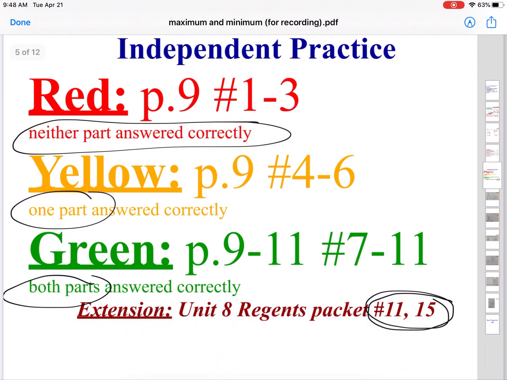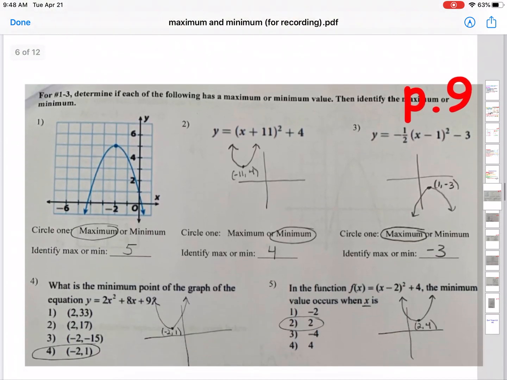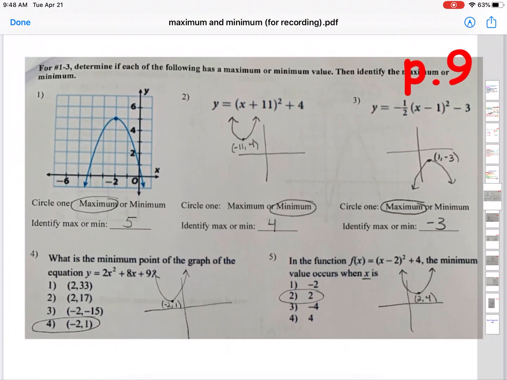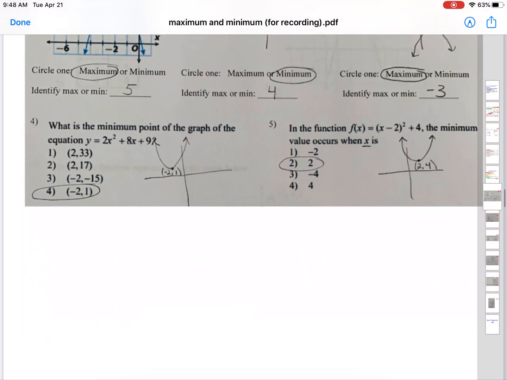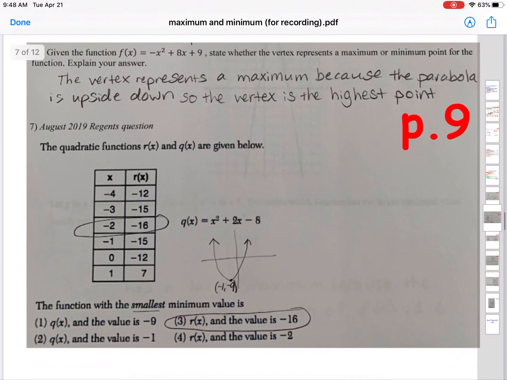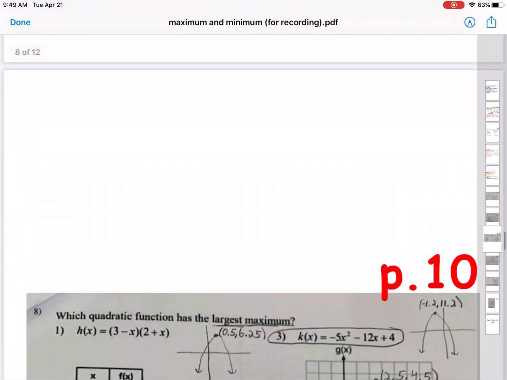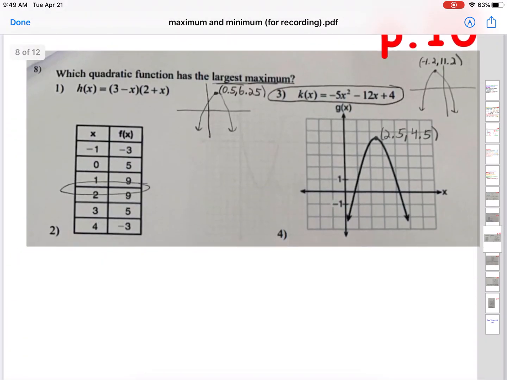Okay, at this point, you should only be listening if you've already tried these and you're ready to check your work. Here are numbers 1 through 5 on page 9. Feel free to pause the video to check your work. Here are numbers 6 and 7, also on page 9. Moving on to page 10, here's number 8.